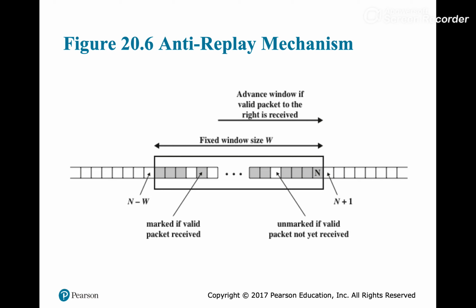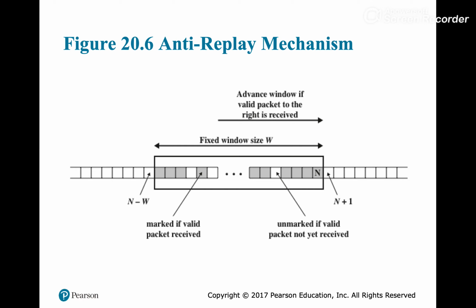So what happens when a new packet is received by the receiver? How does this window move? I will tell you how the window moves. Let's suppose a receiver receives a packet. If the packet falls within the window, like the sequence number of the packet is between n minus W plus 1 up to n, then the receiver will authenticate that packet.